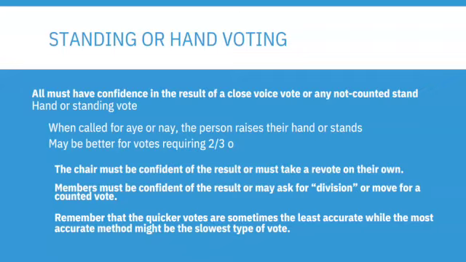The chair must be confident of the result or must take a revote on their own. Members must be confident of the result or they can ask for division or move for a counted vote. Remember that the quicker votes are sometimes the least accurate, while the most accurate method might be the slowest type of vote.